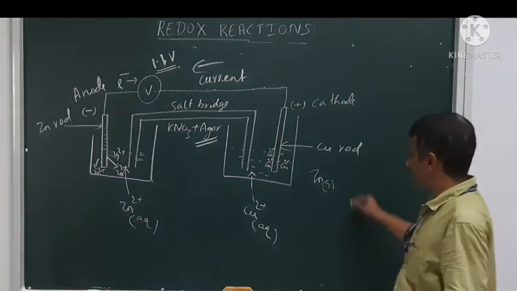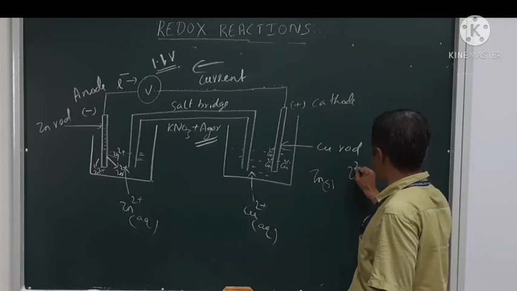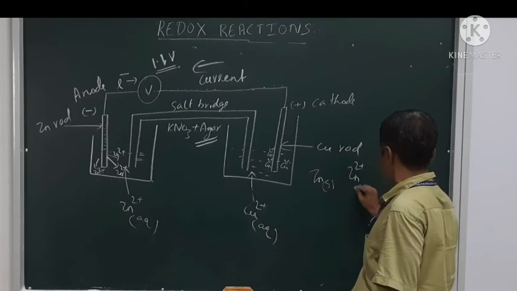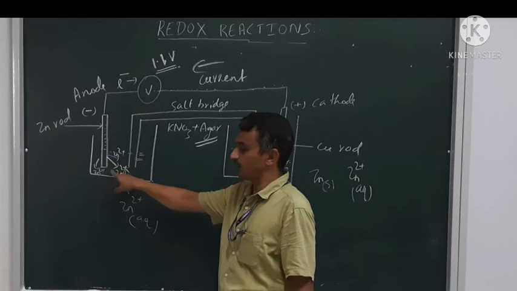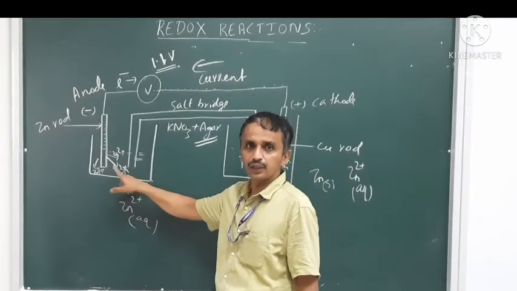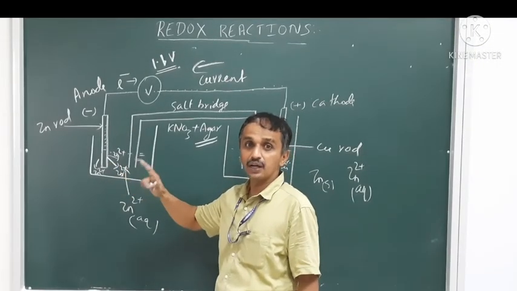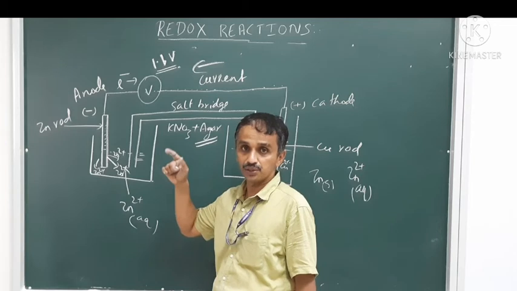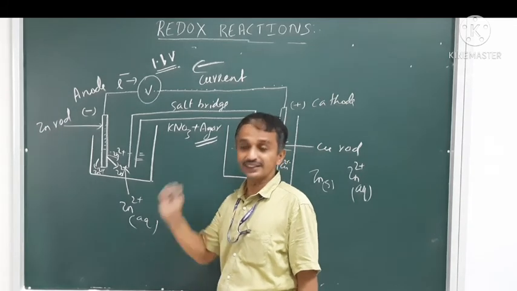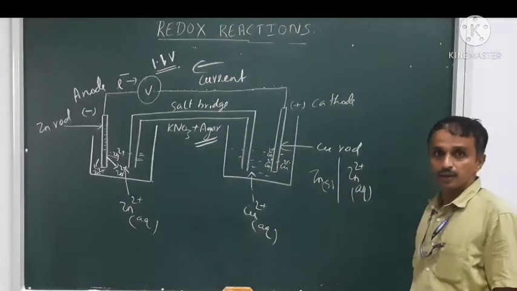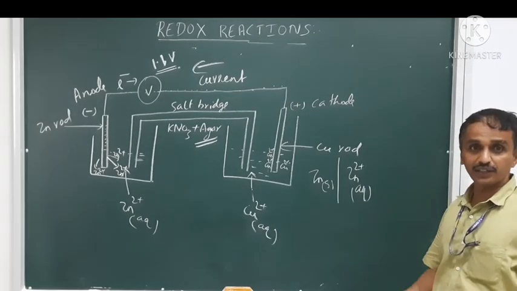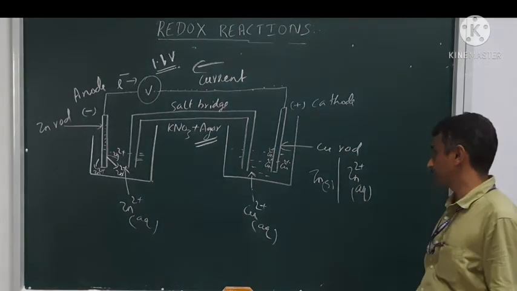It is kept in a zinc 2 plus aqueous solution. So the rod is solid, the solution is liquid, there is a physical state change. Phase difference or physical state difference will be represented by a bar.